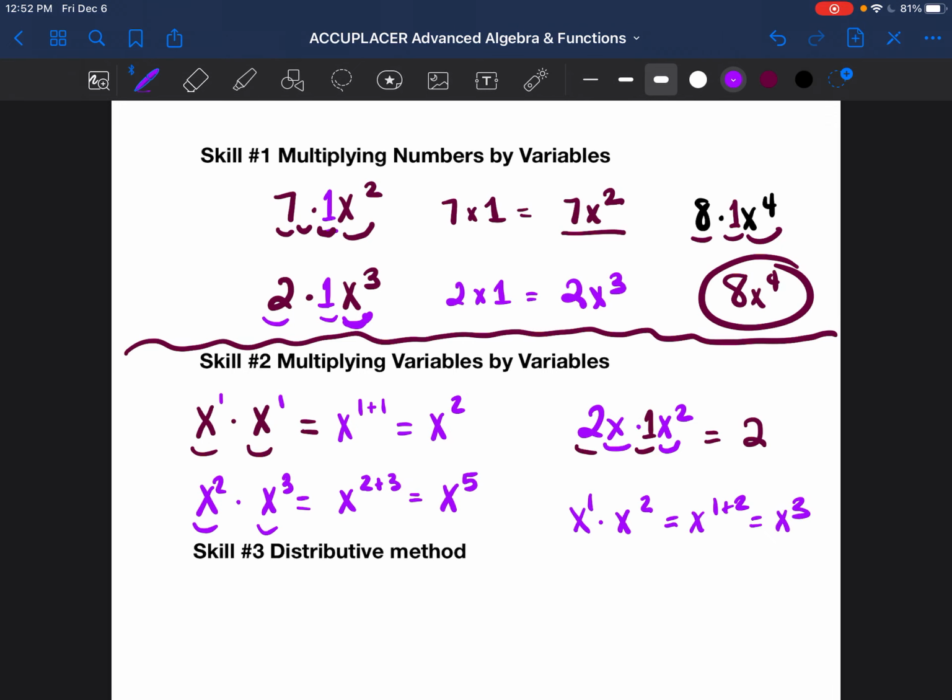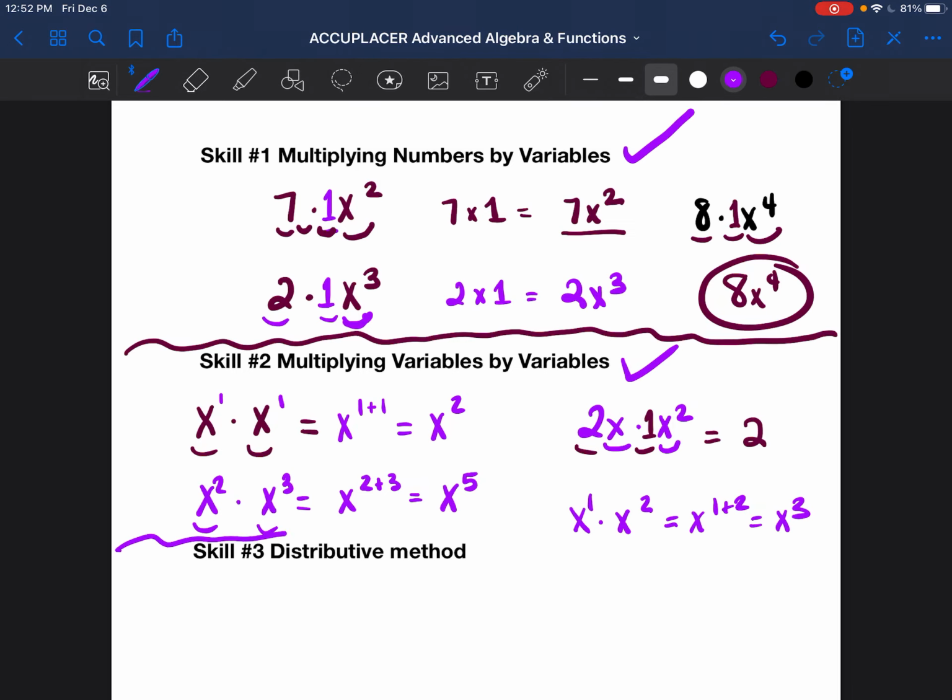So x to the third power. So my answer would be 2x to the third power. Well done, you guys. All right, so we've practiced multiplying numbers by variables. We practiced multiplying variables by variables, and we also practiced multiplying numbers with variables times numbers with variables.